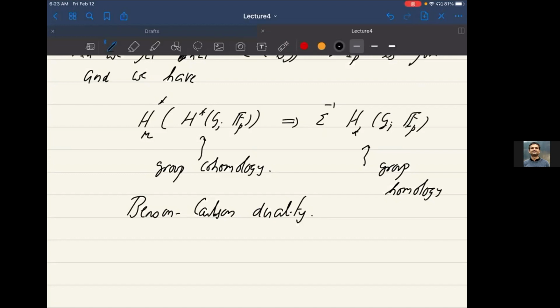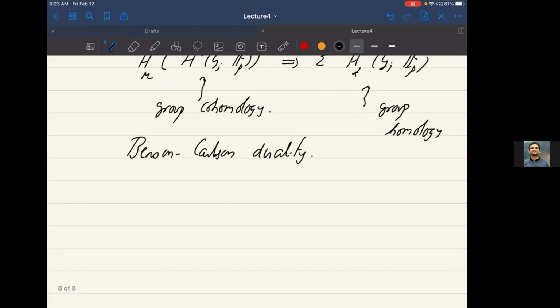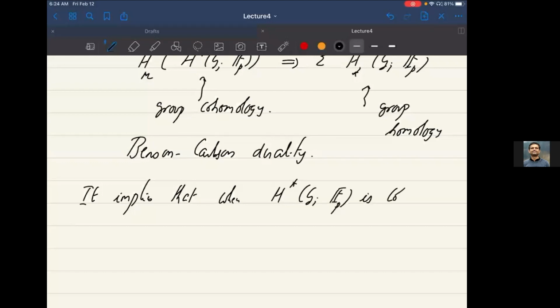Let me just throw it out there for people who know this: it implies that when the cohomology is Cohen-Macaulay, it must be Gorenstein as a graded ring.